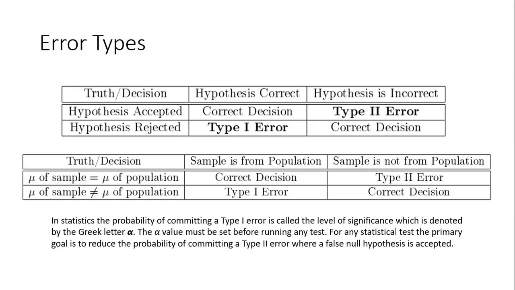And typically, for any statistical test, the goal is to remove or reduce the probability of committing a type 2 error, where the false null hypothesis is accepted. And most of the time, you will see that we either set the alpha value at 95% or 99%, or in the worst case scenario, 90%.